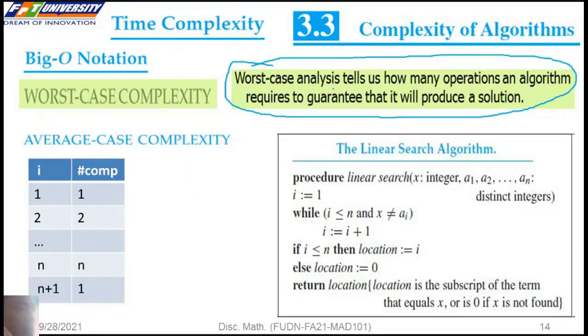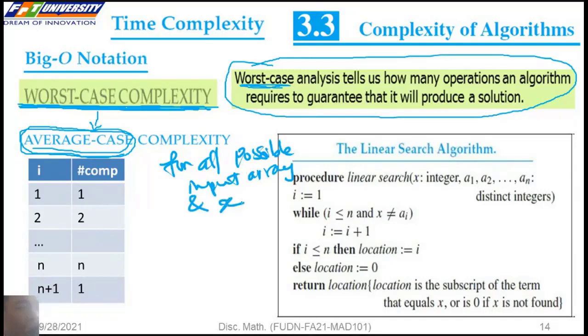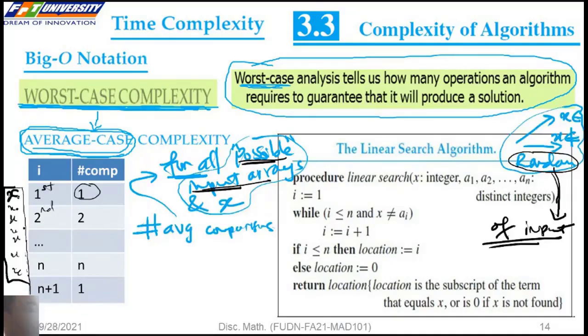The worst case analysis tells us how many operations an algorithm requires to guarantee that it will produce a solution. Besides the worst case, sometimes we want to know the complexity in every case, so we want to know the average number of comparisons used to solve the search for all possible input arrays and x. x can occur here.